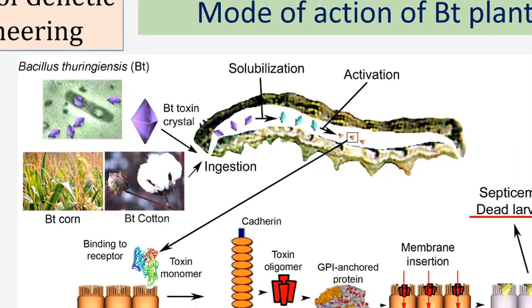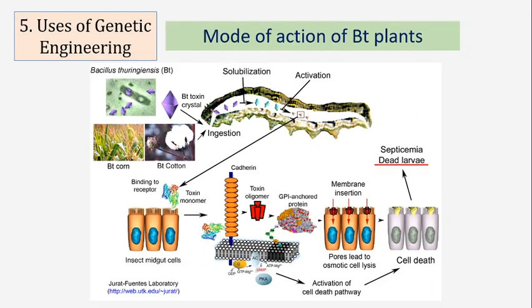So that is why if some kind of pest invades the field of BT corn, within some days they will get killed and they have to flee away from the field. That is how the BT plant works.